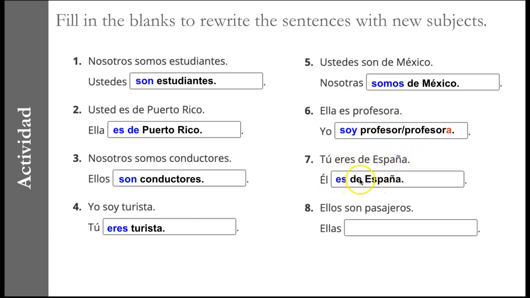Él es de España. You are from Spain. He is from Spain. Ellos son pasajeros. They are passengers. Ellas son pasajeras. So why do you have to change this from OS to AS? Because ellas is only females. So this one has to be in the feminine form.